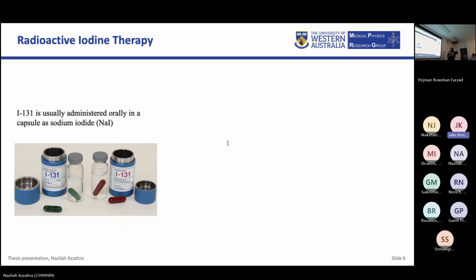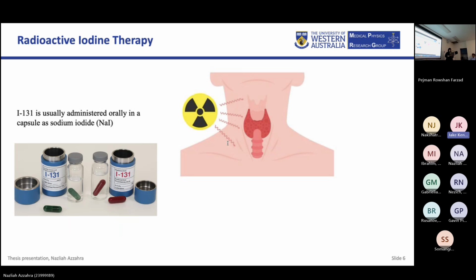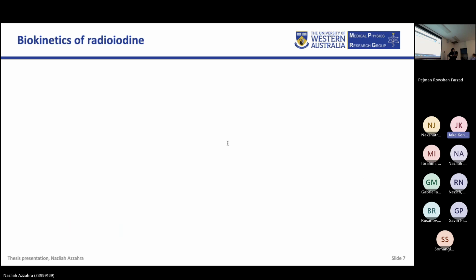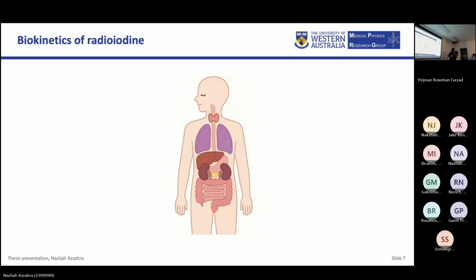Iodine is usually given orally in the form of sodium iodide, and once ingested, it will be taken up by the thyroid cells, and it will emit beta particles to kill the cancer cells. Once ingested, the iodine will go through four different steps inside the human body.